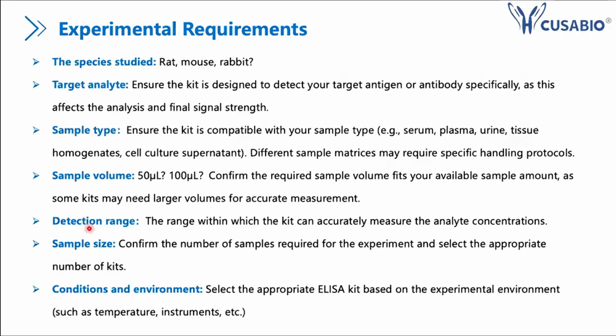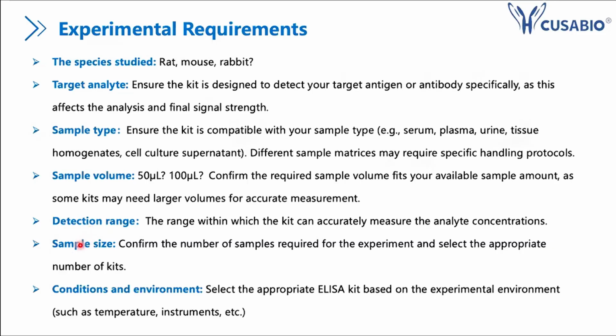The next is the detection range. Sometimes the analyte concentration of your samples may be low or may be high, so be sure that it fits in the detection range of the ELISA kit. Another thing is the sample size.